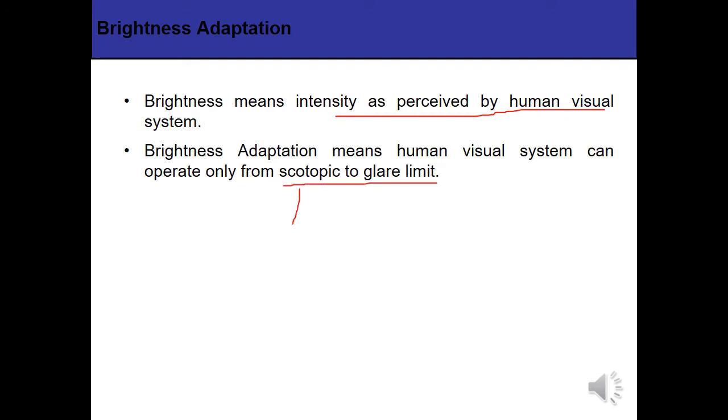There are 2 terms, one is scotopic and one is glare. The least amount of light that can be perceived by the human eye is known as the scotopic limit, and the maximum amount of light that can be perceived is known as the glare limit.